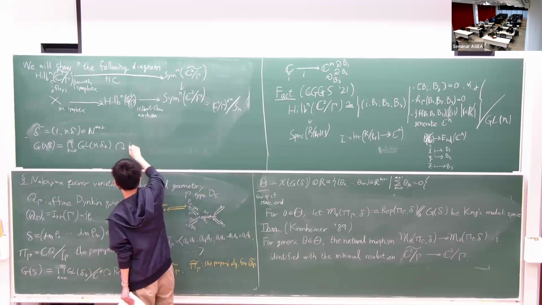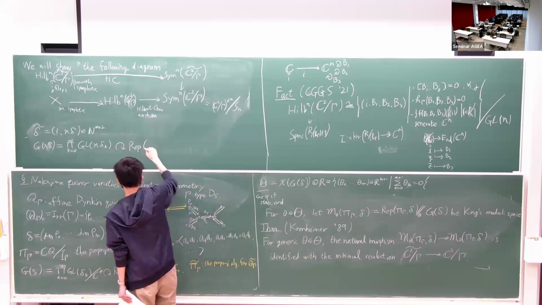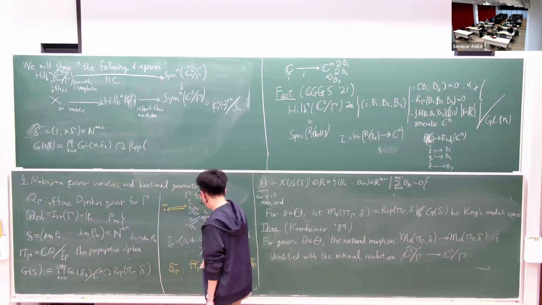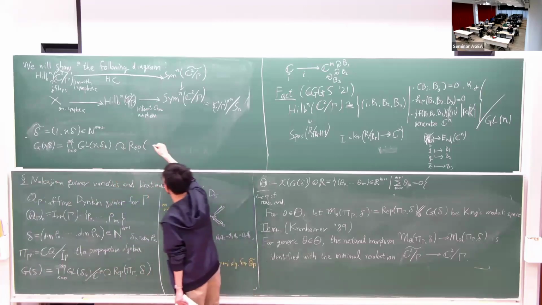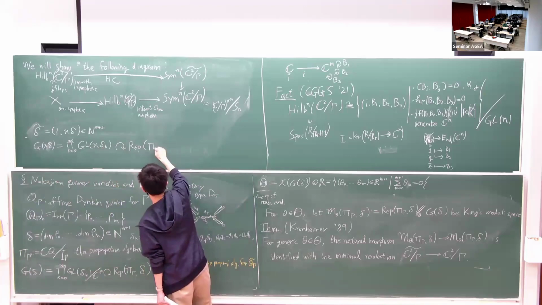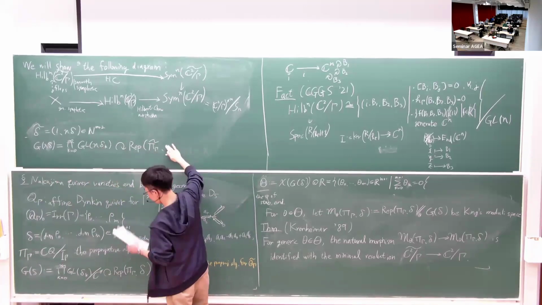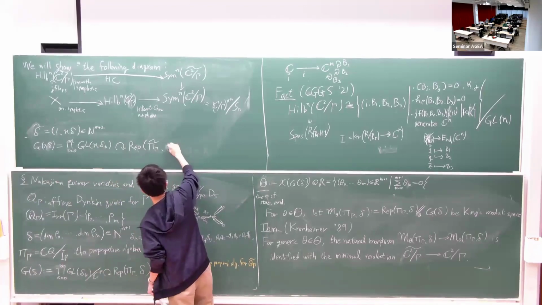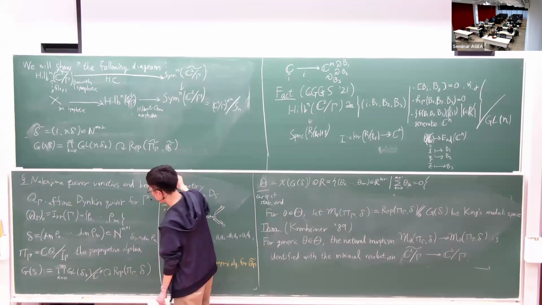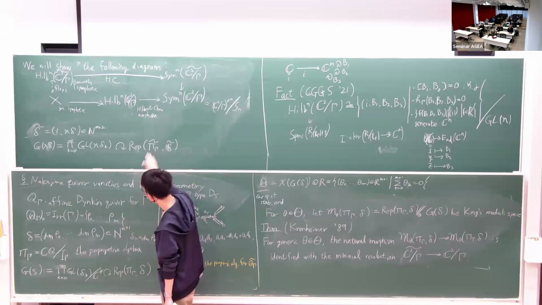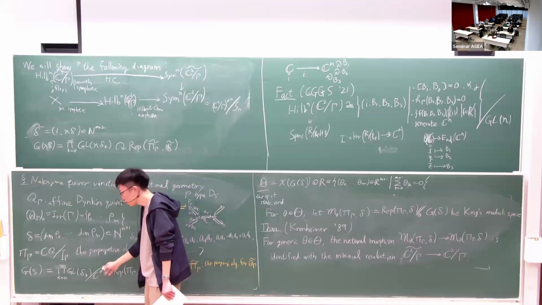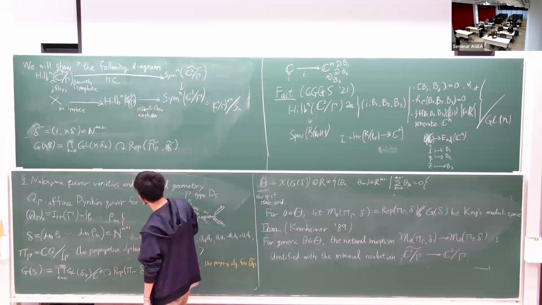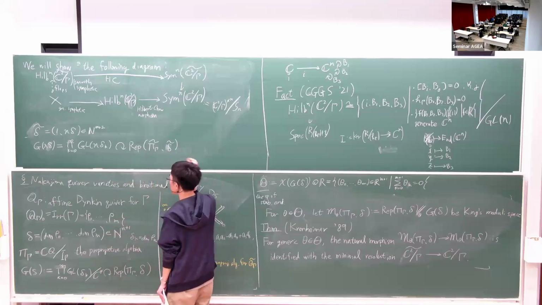So this acts on the space of representations for this algebra, delta tilde. Here we don't take the quotient because this one-dimensional subgroup does not act trivially on this representation space.